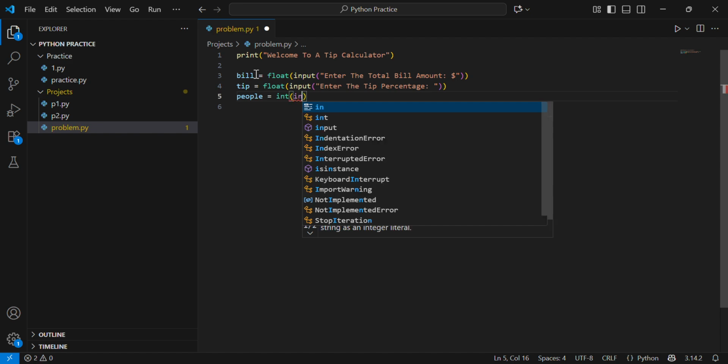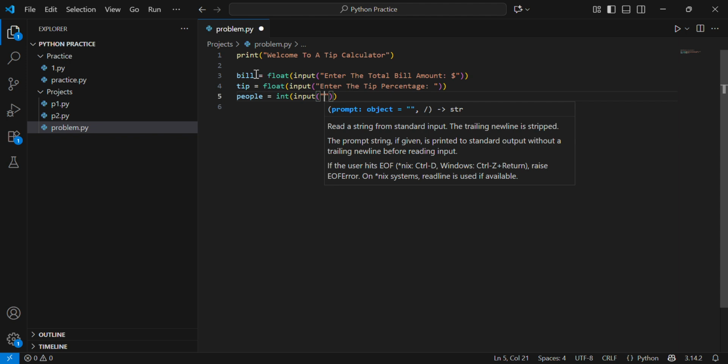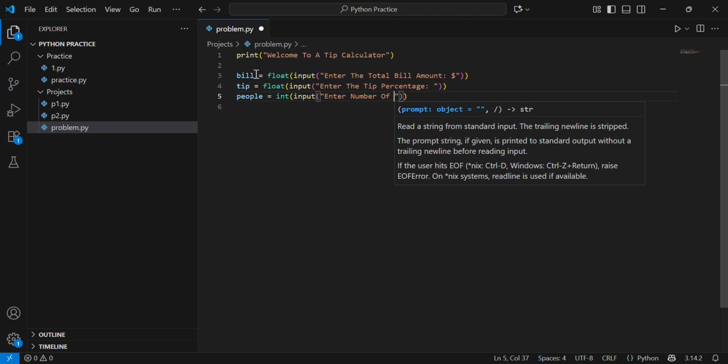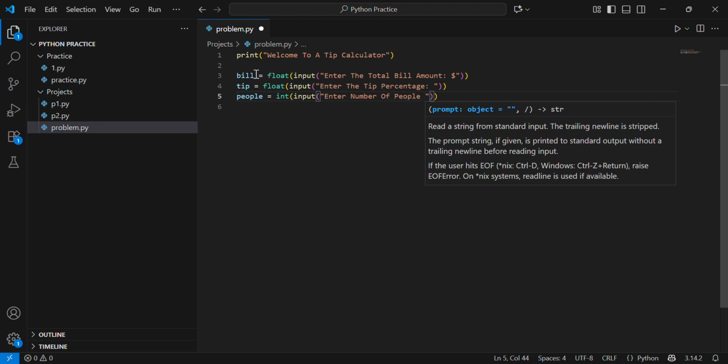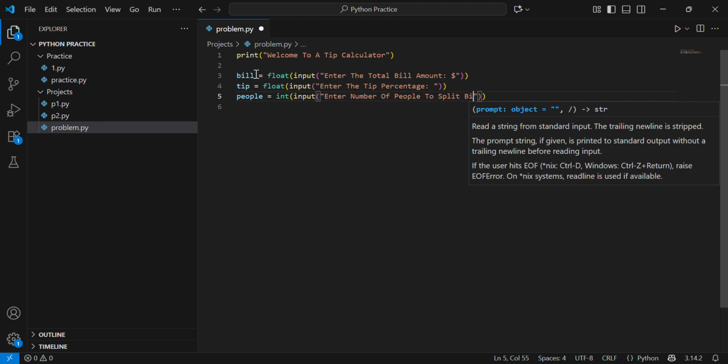So for that, we will ask our user to enter their input, enter number of people to split bill with, right?